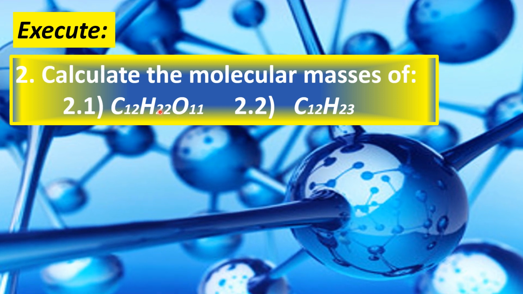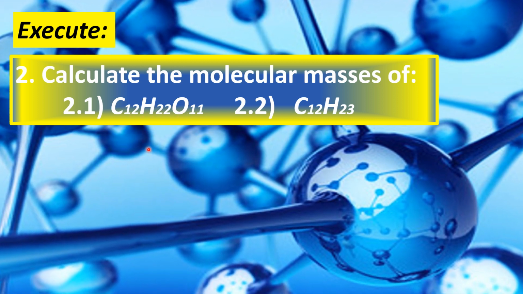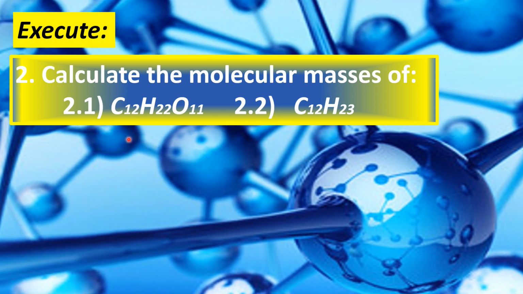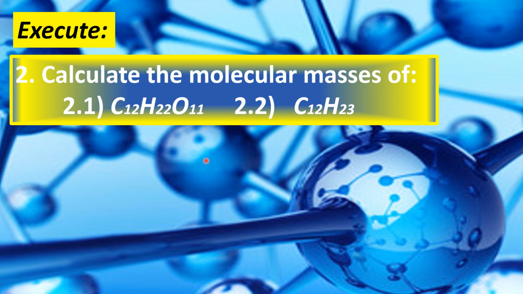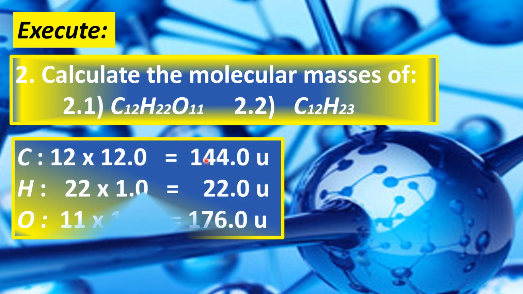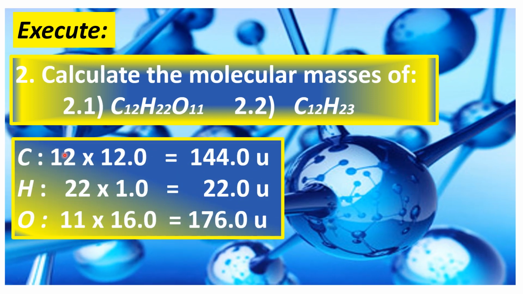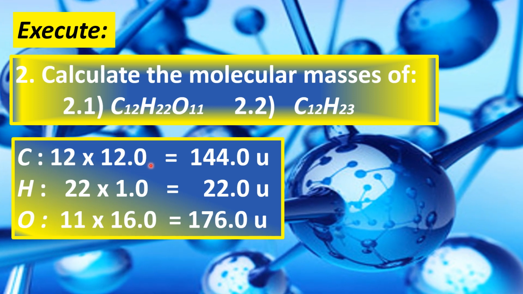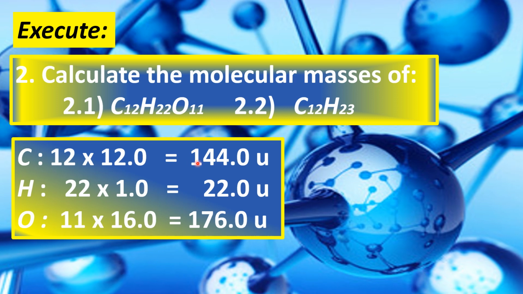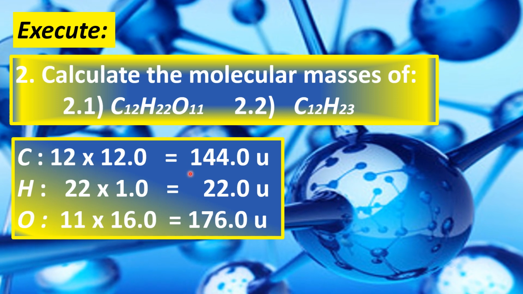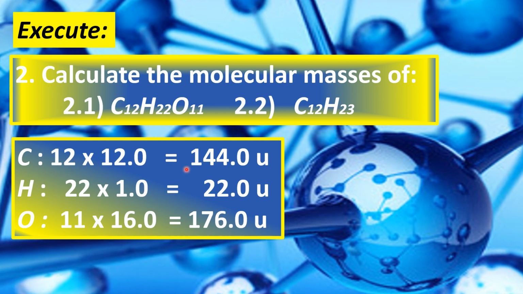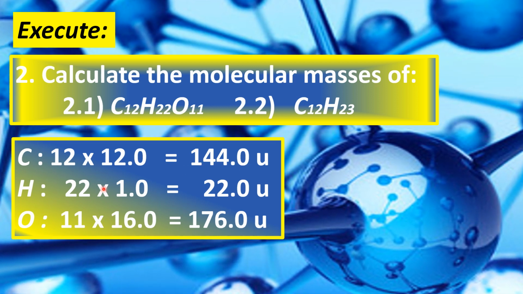C12H22O11 is the chemical formula for sucrose, which is the ordinary table sugar. In this compound, there are 12 carbon atoms. So multiply that by 12.0 U, we get 144.0 U as the total atomic mass of the 12 carbon atoms.